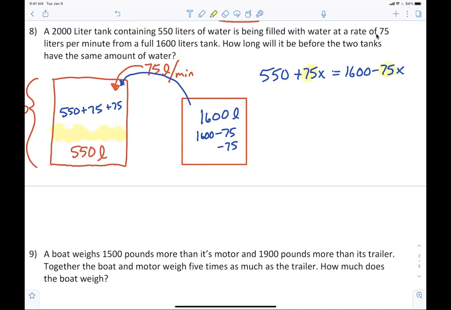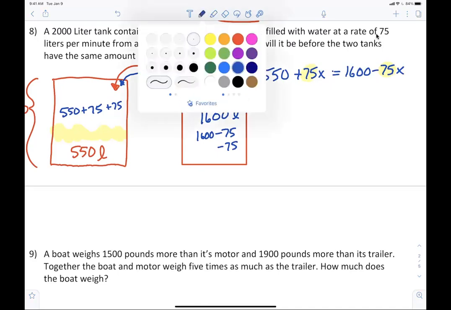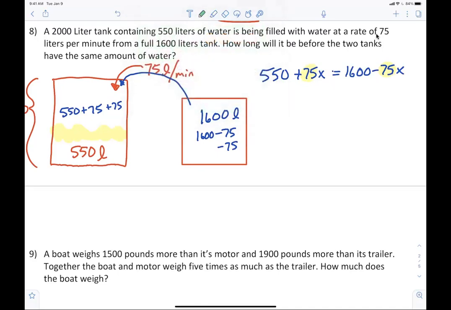So we're going to do what? Plus 75x. So that becomes 150x. And then what? Minus 550. So that becomes 1,050. So then what?